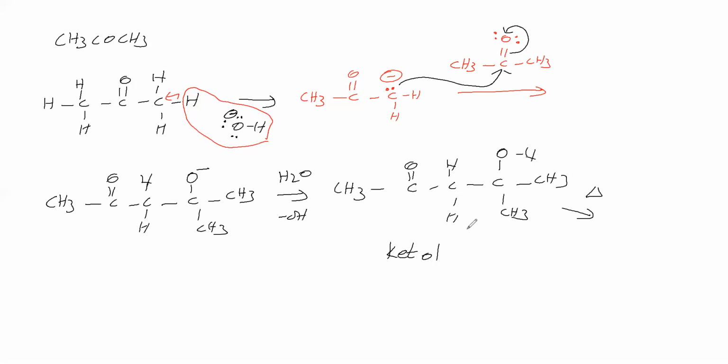But this ketol is different from the cyclic ketol, the acetal ketol we have seen, where an aldehyde reacts with alcohol to give acetal or ketal, protecting the carbonyl compound. This is different.